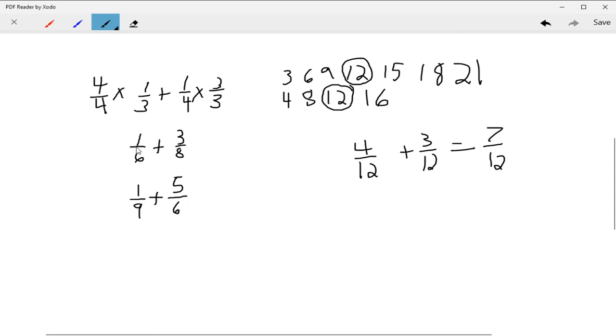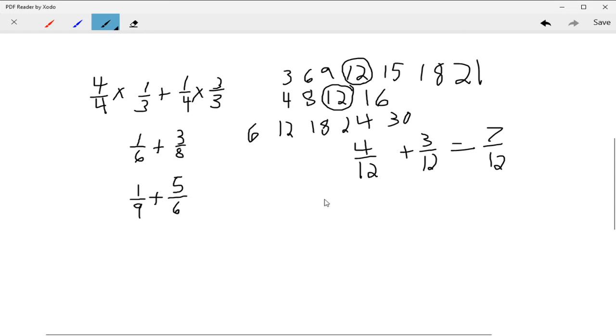Okay. So now we have 1/6 plus 3/8. We could also start listing the multiples of 6: 6, 12, 18, 24, and 30.